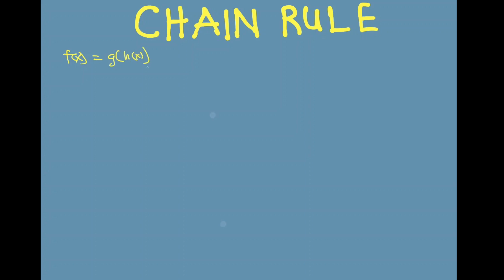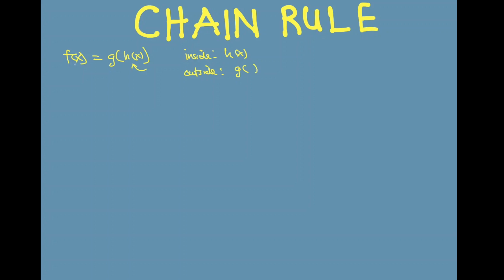In this case, we have h to be the inside of the function g. So we have our inside function to be the function h of x and the outside function to be g.